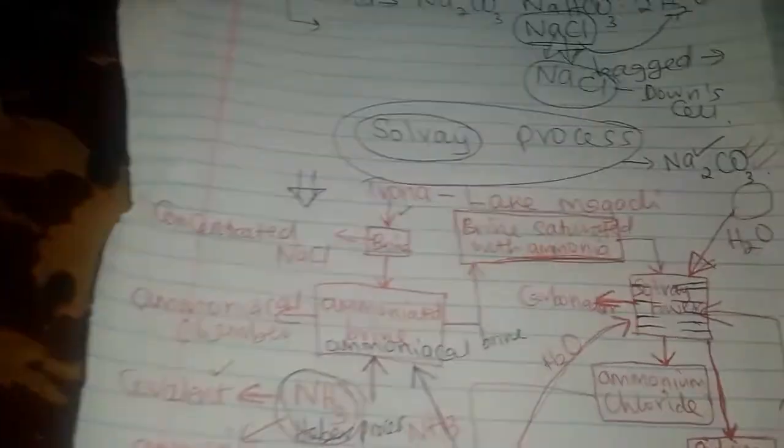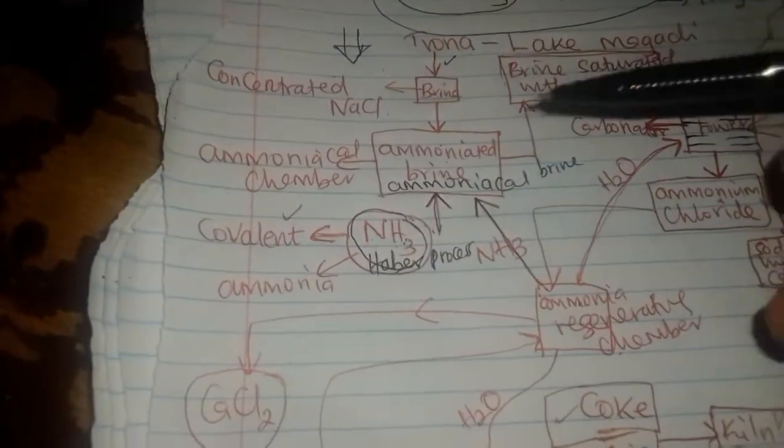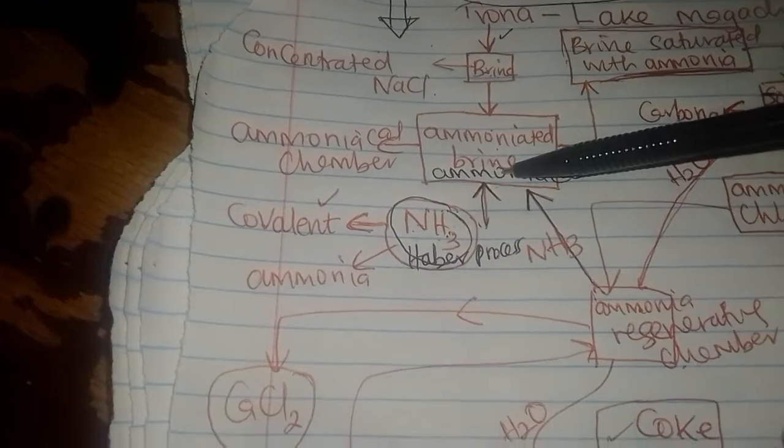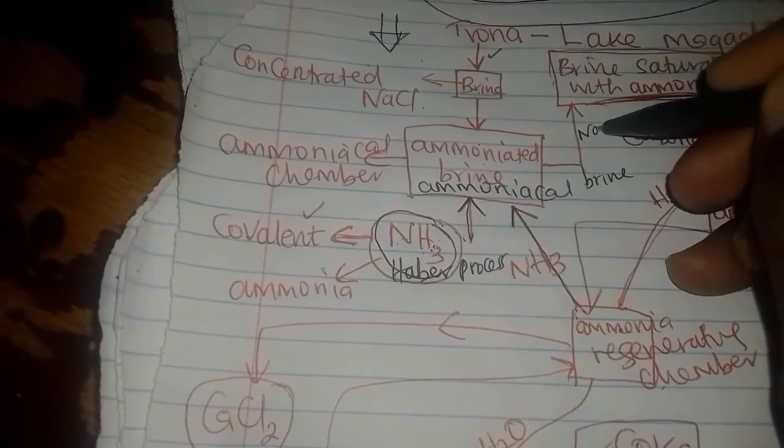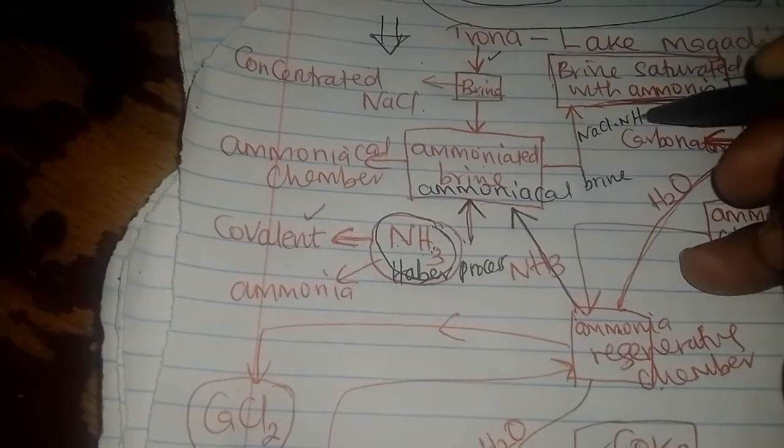After we are done with that part, now we have ammoniated or ammoniacal brine, which is actually NaCl.NH3.